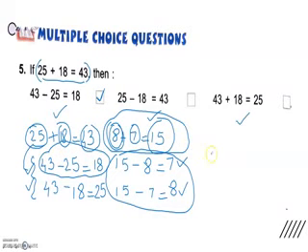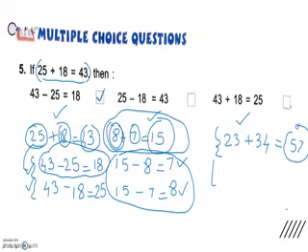This can be done with any addition facts. 23 plus 34 is equal to 57. Any addition fact can be written as two subtraction facts.